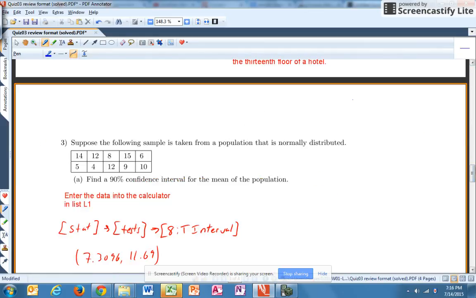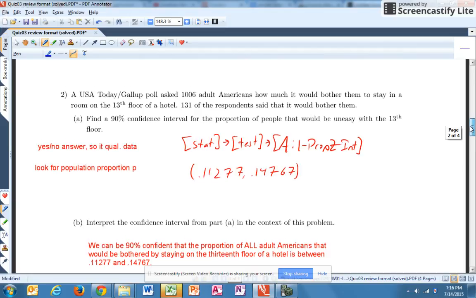The other one that I want to check the requirements for real quick is for problem 2, just going back a little bit. If I have yes-no data or qualitative data, the requirements are a little bit different. In order to say that the sample size is big enough, I need the formula np(1 minus p) to be greater than or equal to 10.